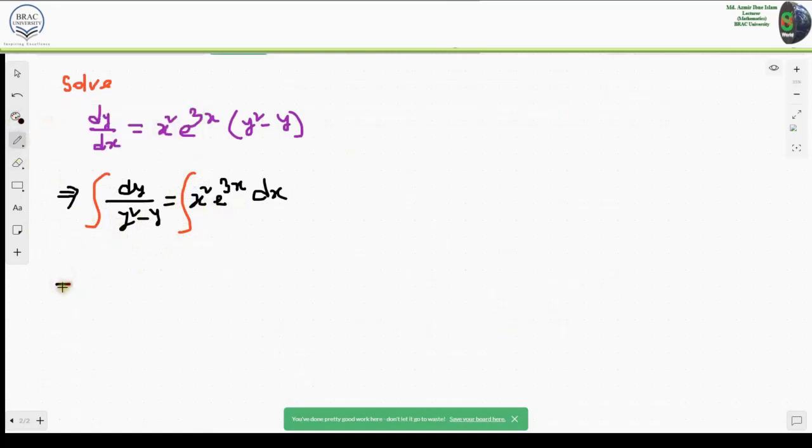So I am writing in convenient form, integration of 1 over (y squared minus y) dy equal to integration of x squared e to the power 3x dx. So we have to solve these two indefinite integrals.